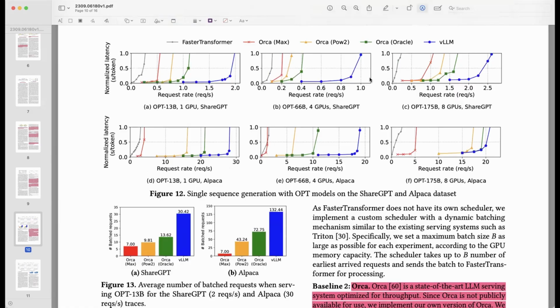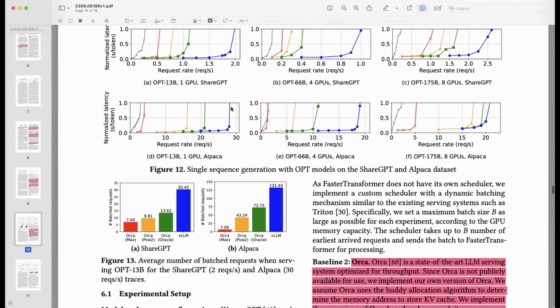In all of these, you can see that the latency remains the same. They're not optimizing for latency, at least in this paper. They might be, that's a different thing. But when this paper was released, it was not optimizing for latency, but trying to serve more requests per second at the same latency.